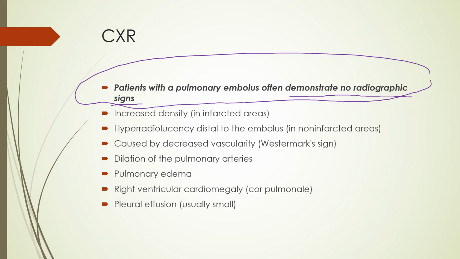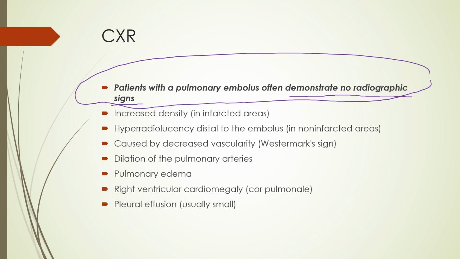So why do we still get an x-ray? Well, especially when there's chest pain, we're trying to look at what it could be as well as rule out other things. So not only is it for looking for something, but we're also going to rule out other things it could be, right? Could it be a pulmonary disease? Could it be something else going on?